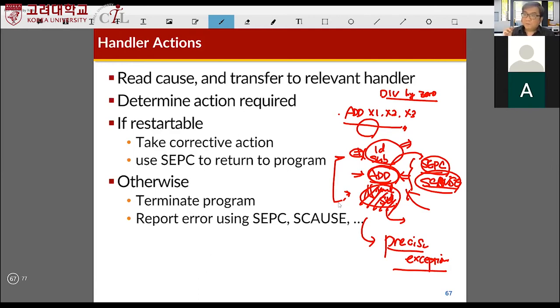But for some very complex processor architectures, for example, an out-of-order processor, implementing precise exception is very hard, very difficult. So in this case, the processor supports the imprecise exception.